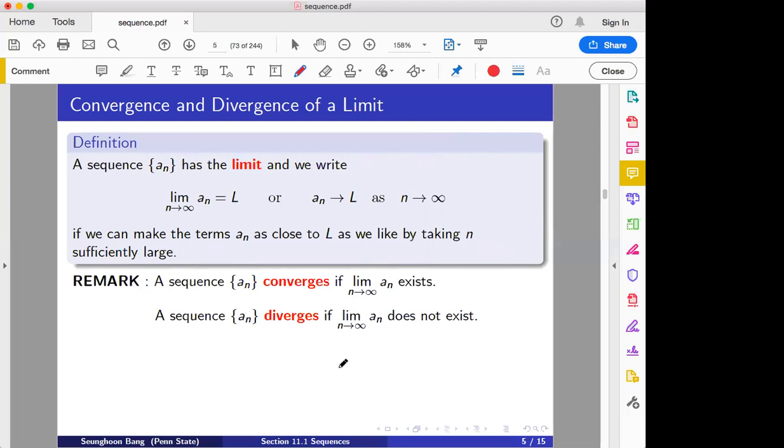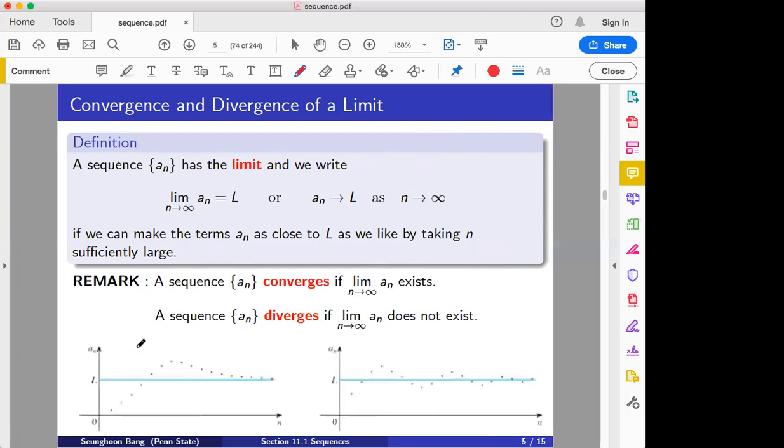So here, this is a case. This is n, the A1 is here. This is A2, A3, A4, A5, A6, A7, A8, and so on. So what happens? n is increasing, and an approaches L. So exactly like this, in this case the sequence an converges.